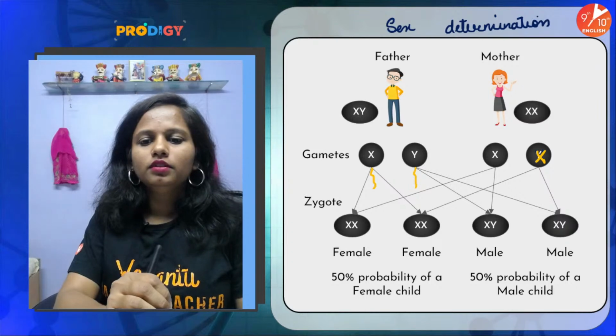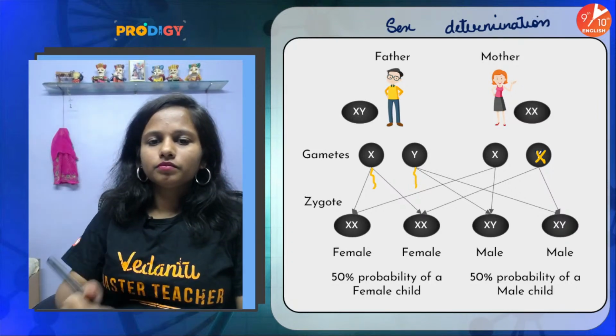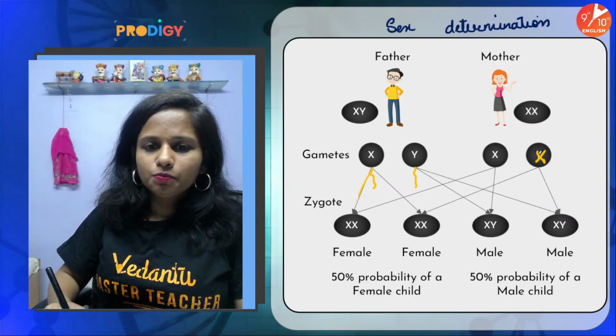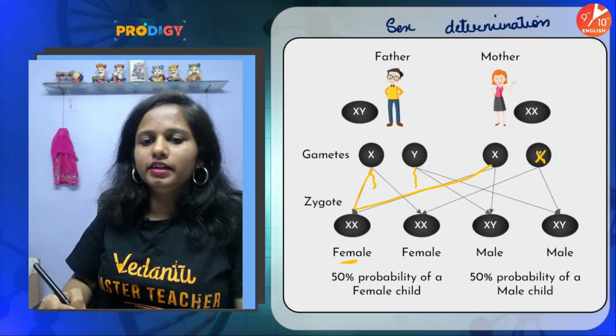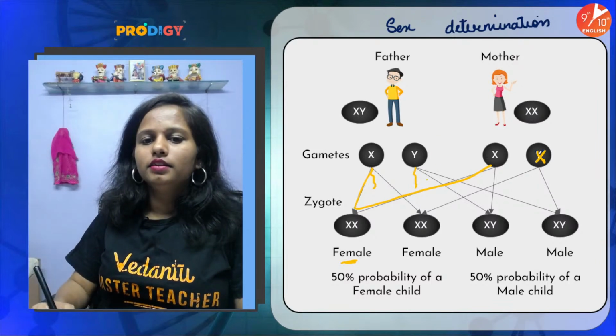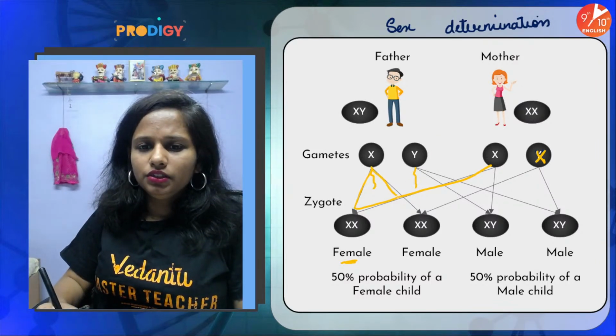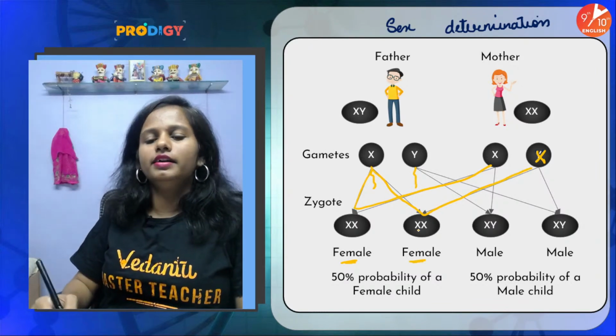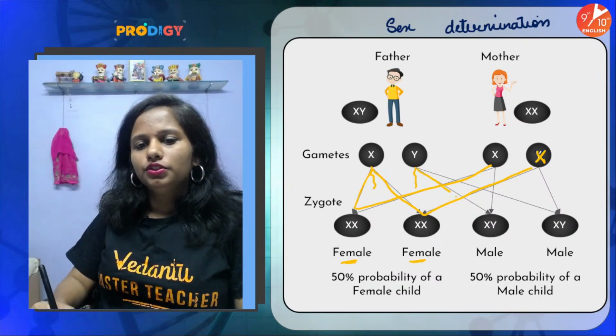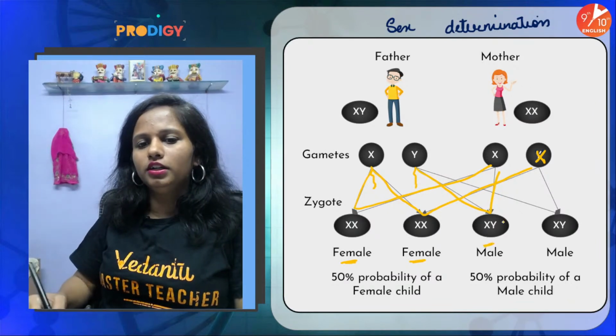So beta, if this sperm combines with this egg cell, a girl child is born, right? Now, if this sperm combines with this egg cell, again a girl child is born. However, if these two combine, a male child is born.